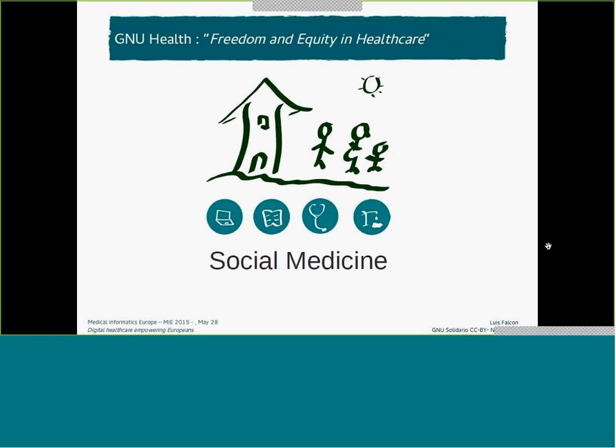GNU Health is about social medicine. That's part of our logo, and it talks about the freedom to adapt, to improve it, and to redistribute among the community. It's partly available, and today it's being translated into over 100 languages.